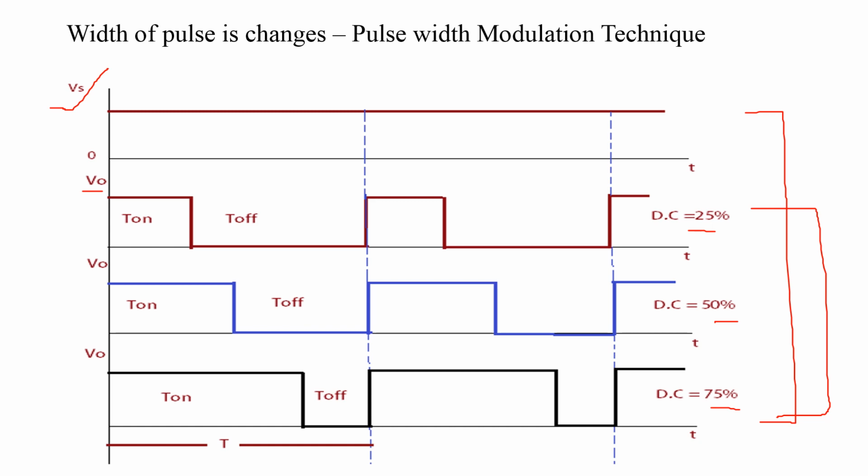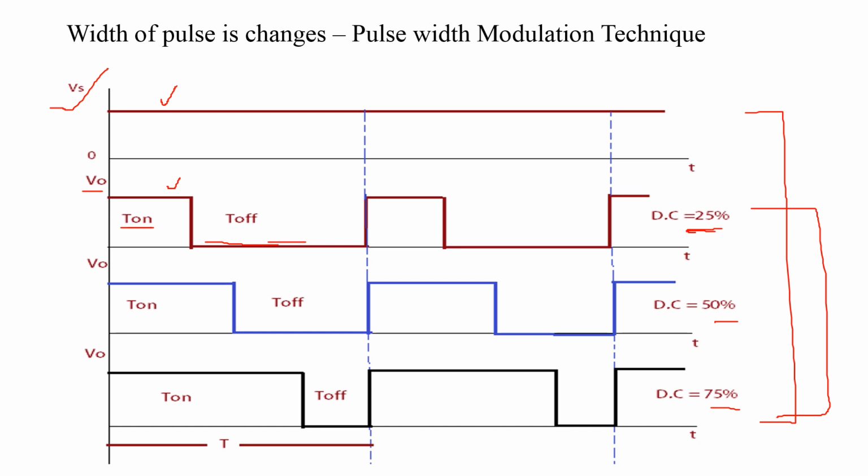Now consider the first case, where duty cycle is 75%. In this case on time is 75%. During on time of the chopper we get the output voltage which is the same as the input voltage. During off time of the chopper the output voltage is 0.